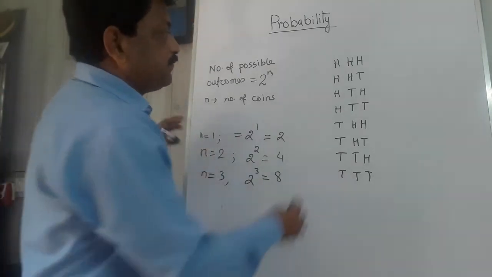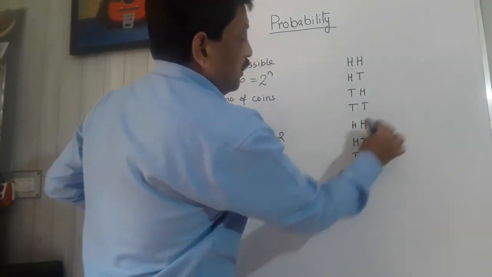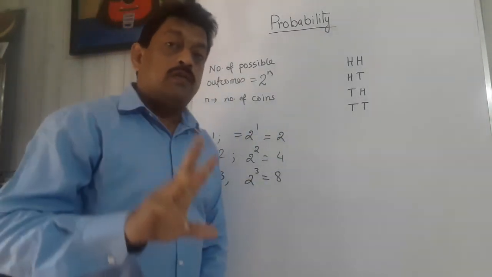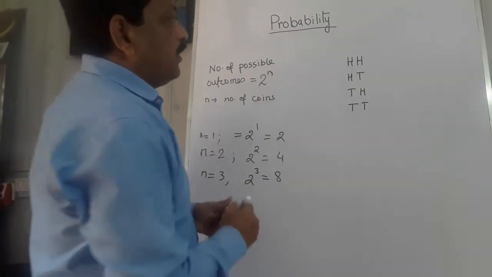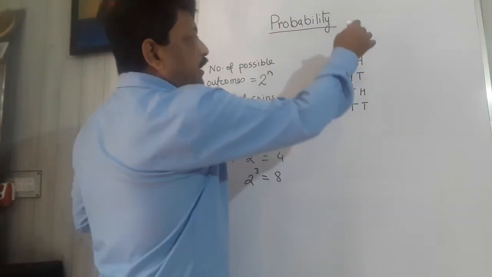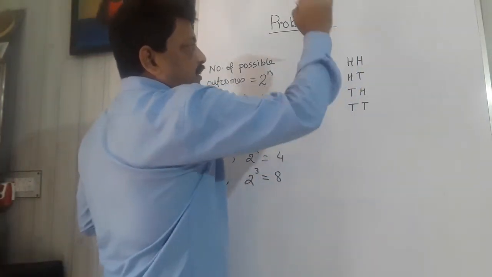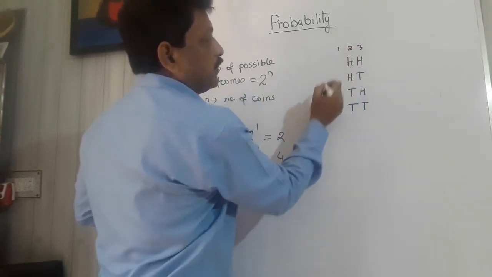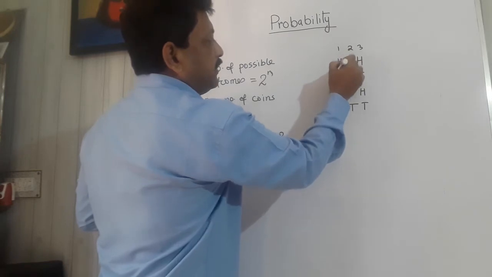Let me tell you again. First of all, write the total outcomes, all possible outcomes with 2 coins only. So take this as the second coin and this one as the third coin. For the first coin, write heads in all.